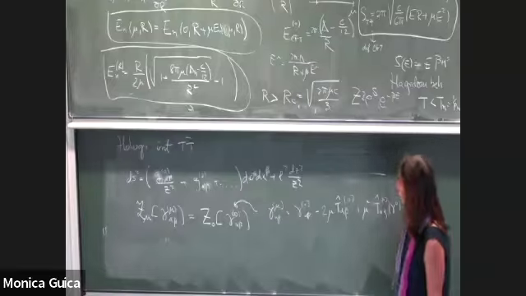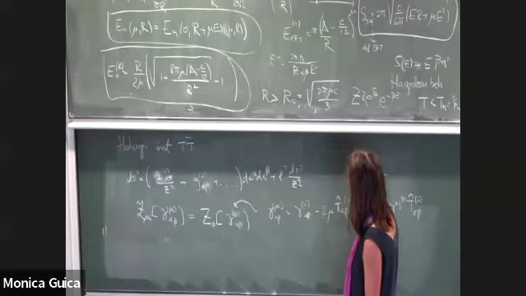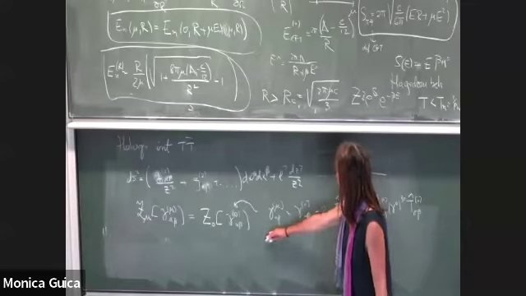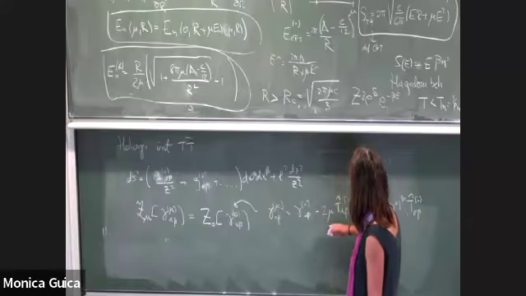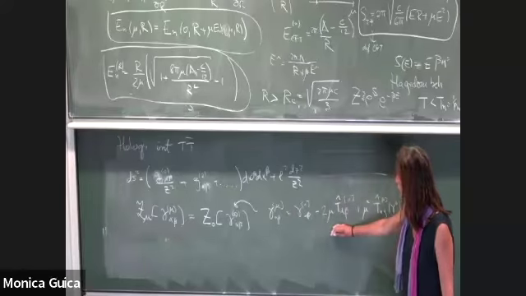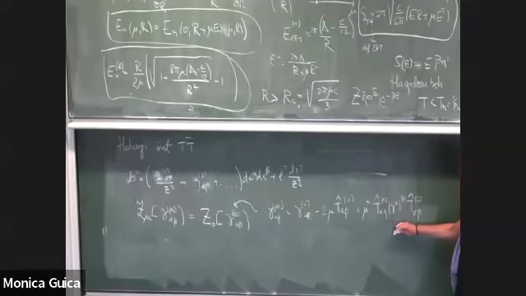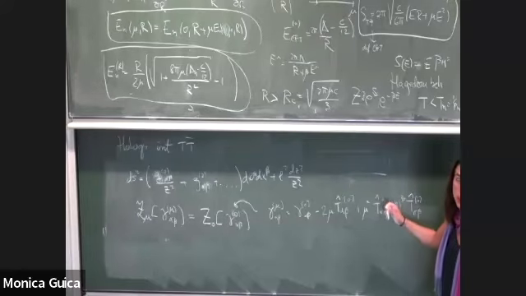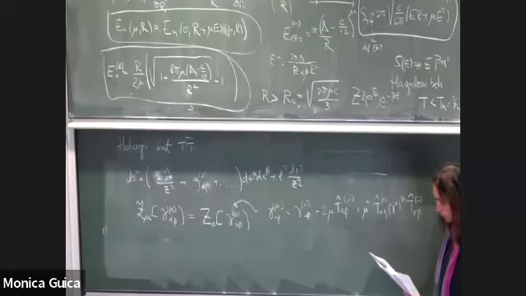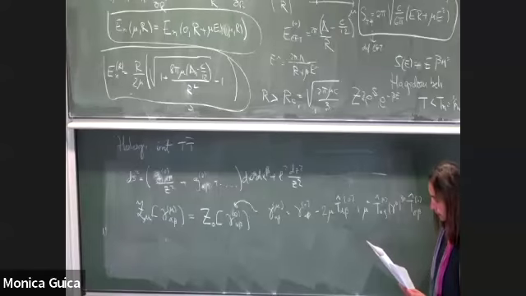Okay, so before we had that the source in the deformed theory was the undeformed source plus the VEV of the operator. Here it's a bit more complicated because we also have a term that involves the VEV squared and also the inverse source. But you can actually work it out exactly.